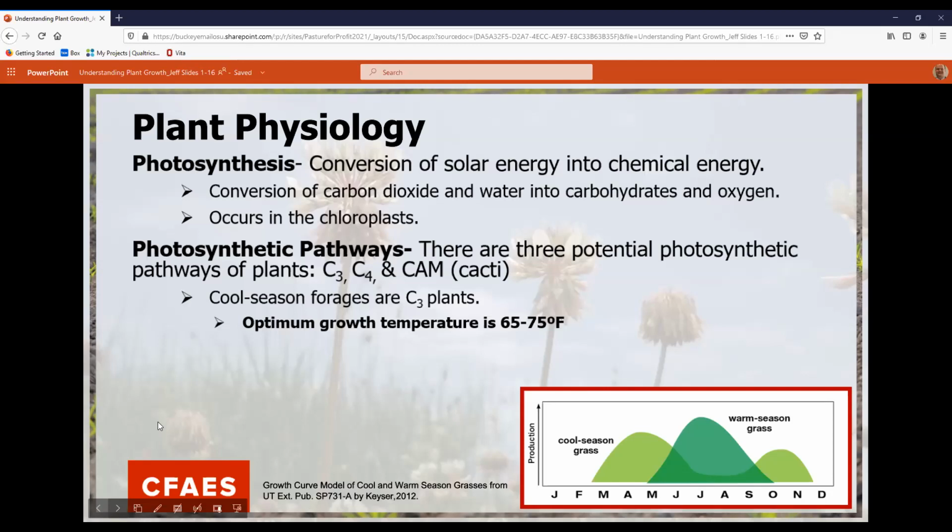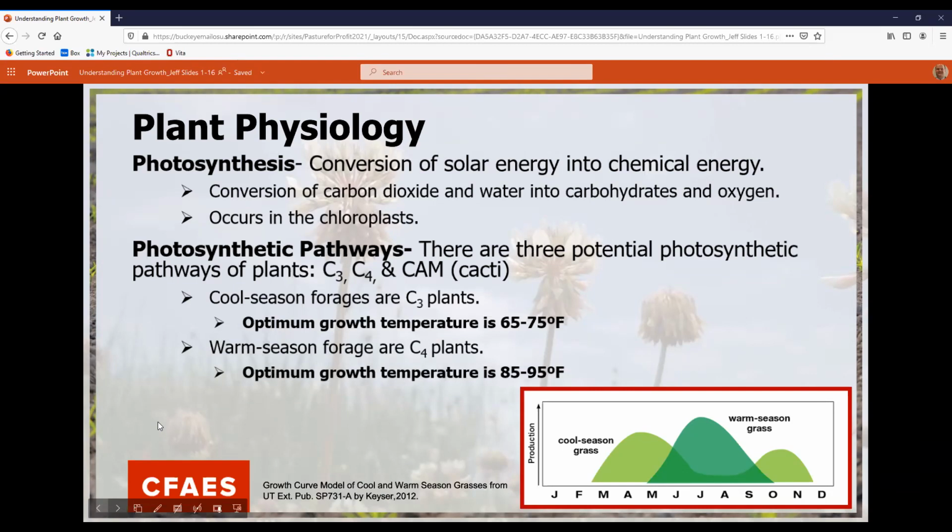One reason they're called cool season is they like optimal growth temperatures, daytime temperatures of 65 to 70, nighttime temperatures in the 50s. And C4 plants typically have an optimum growth temperature of 85 to 95. Nighttime temperatures can be in the upper 60s and 70s.